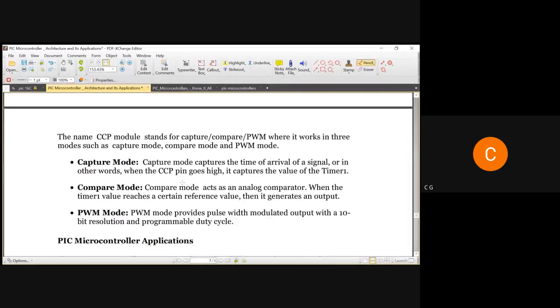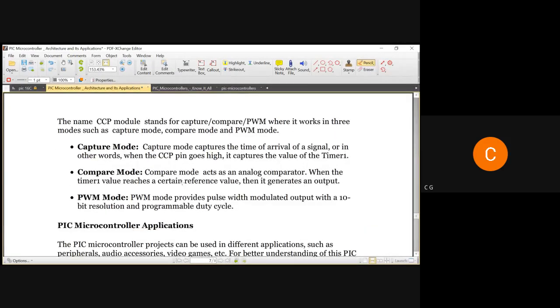The CCP module has capture mode, compare mode, and pulse width modulation mode. When you have capture mode, it captures the time of arrival of the signal; in other words, when the CCP pin goes high, it captures the value of timer one. Compare mode acts like an analog comparator.